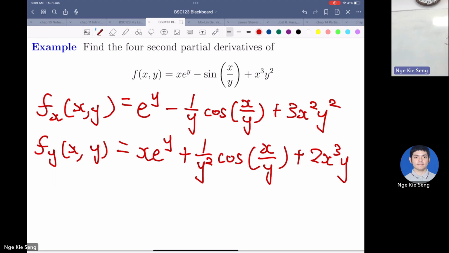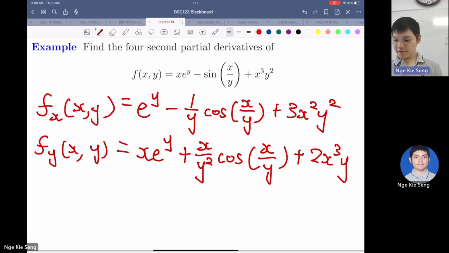Now you need to do the four possibilities. Do you have x there? Yes, x is a constant.